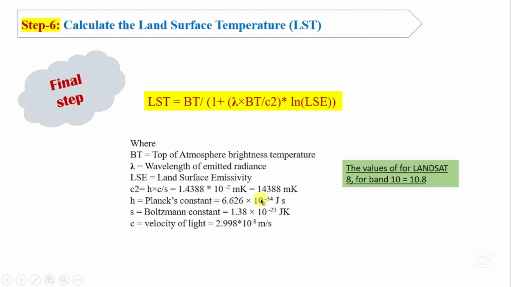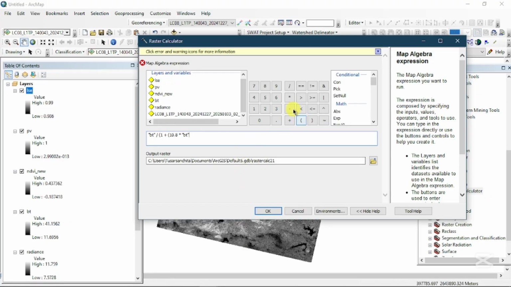Here C2 for Landsat 8 is the value 14388. So just type 14388.